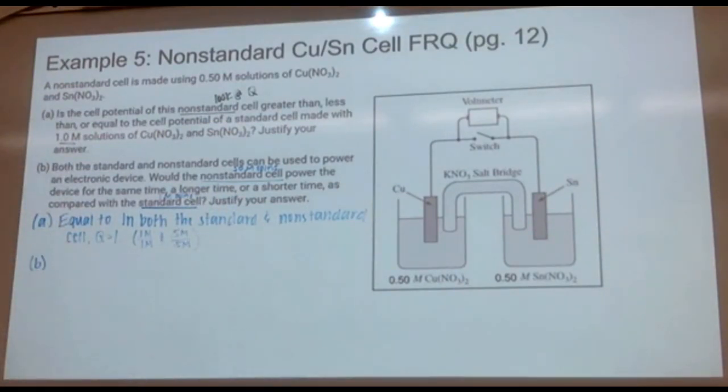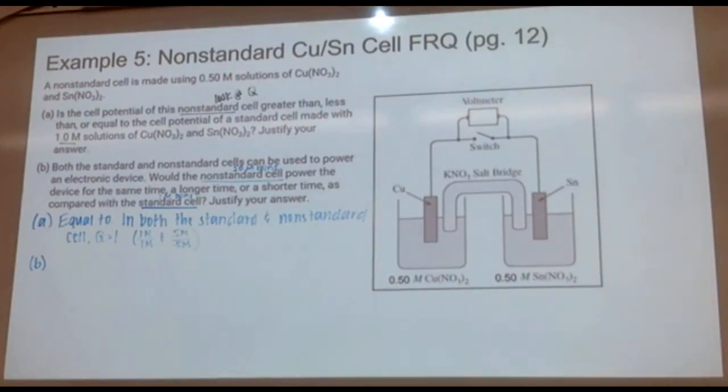So I think that when a lot of my classes read this question on the free response, they were trying to make it some big calculation. This is nothing more than thinking about a chemical reaction. Kind of think about it in terms of kinetics.